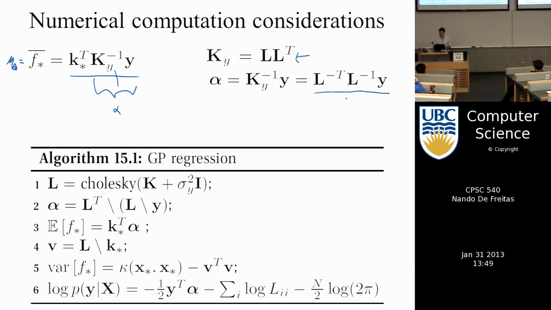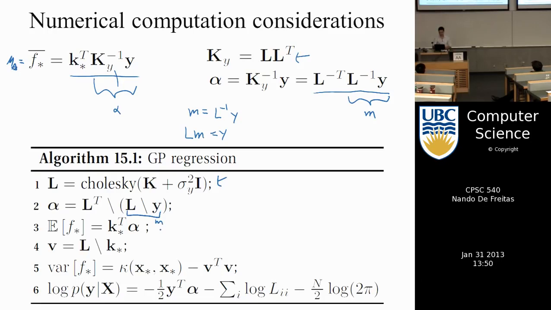If I call this term M, and M is equal to L minus 1 Y, then it must be that LM is equal to Y. So in order to compute M, I solve a linear system of equations with matrix L and vector Y. In the code, I compute the Cholesky decomposition of K, and then I solve a linear system, which in Python or MATLAB is just done with the backslash operator. That gives me M.